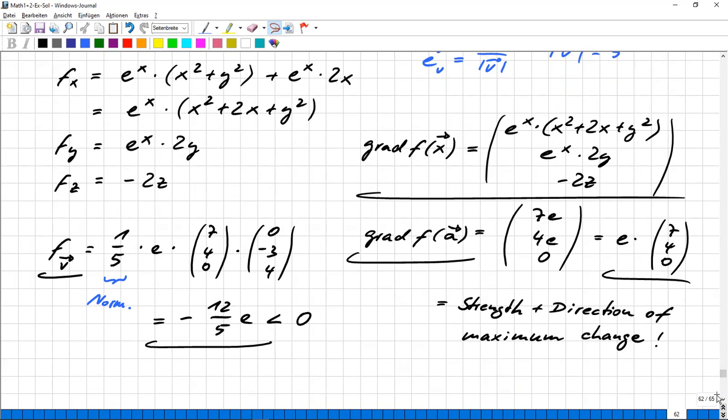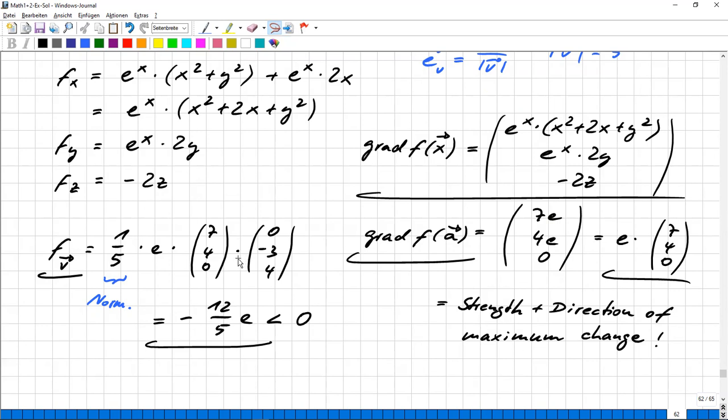And now you should know that the simple scalar product of two vectors helps us to solve this problem, because we just have to take e times (7, 4, 0), the gradient, times the given v vector in the sense of a scalar product.